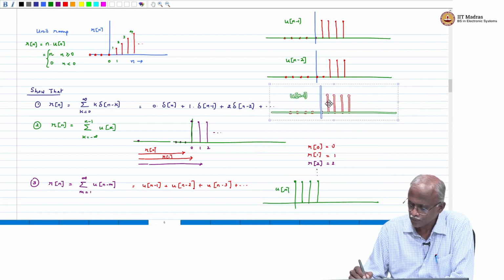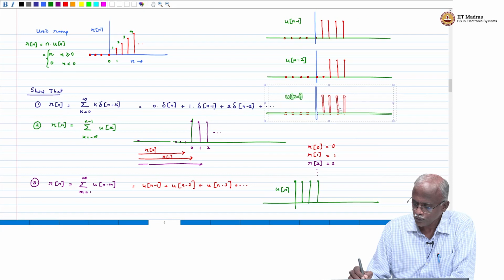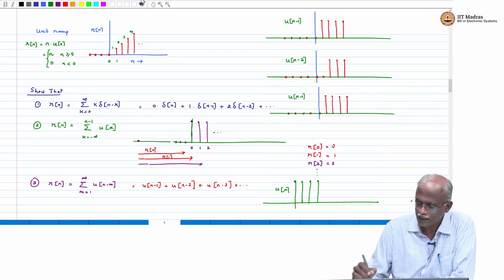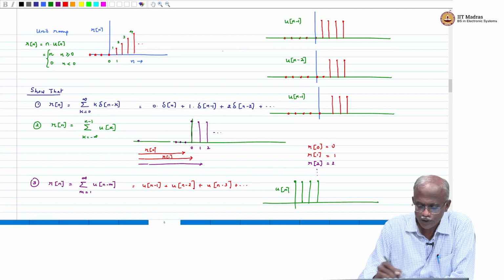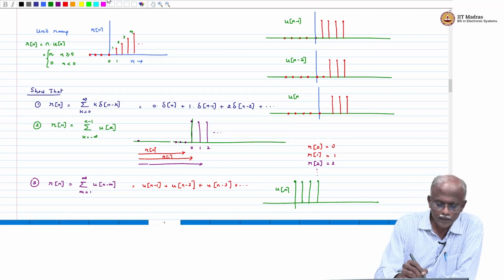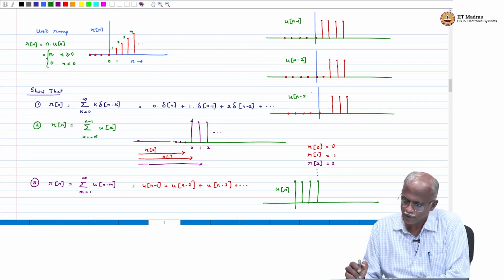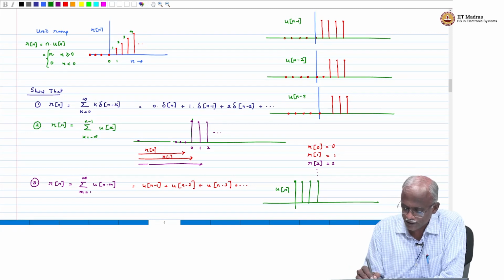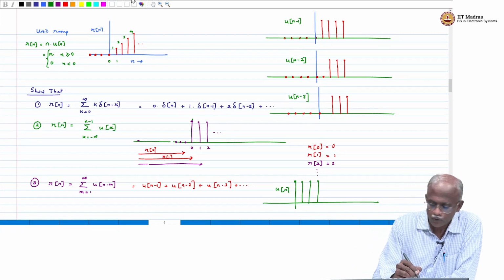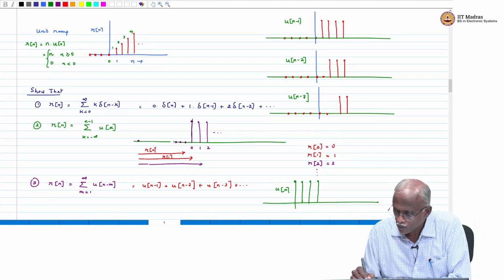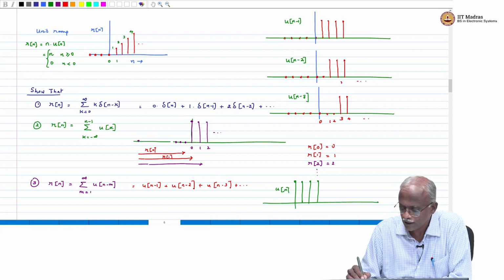U of n minus 2 basically will have another 0 valued sample. Then u of n minus 3 will have one more 0 valued sample, so this one starts at 3. This is n.